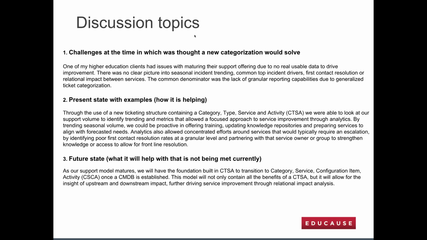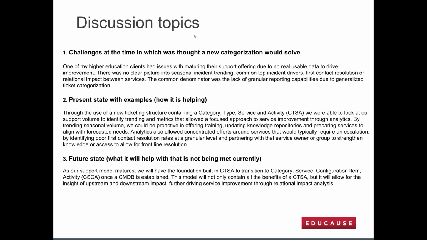You can also do that with first call resolution or first contact resolution, however you measure it, by identifying the things that are getting escalated, whether it be a hierarchy escalation or escalated outside of the support group. You can start to identify those things and then start building knowledge and access, if applicable, around that support item to really drive that project.